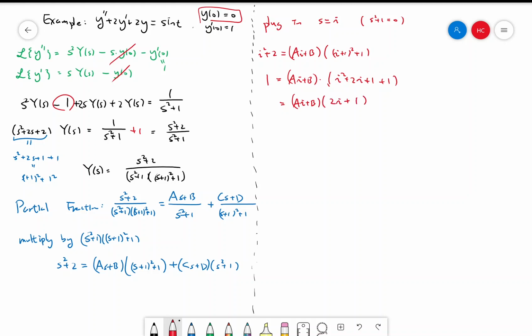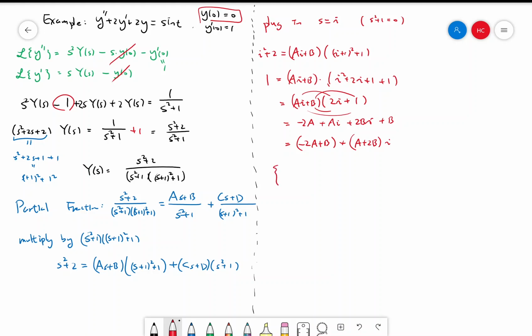If we FOIL it, this is equal to negative 2a plus ai plus 2bi plus b. If we separate the real and the imaginary part, we get negative 2a plus b, this is the real part, plus a plus 2b, imaginary part, times i.